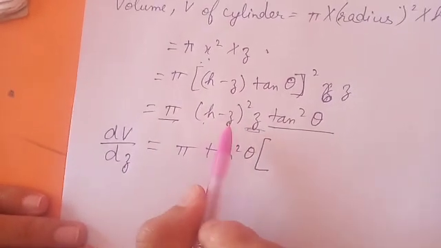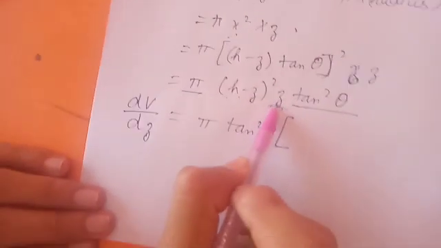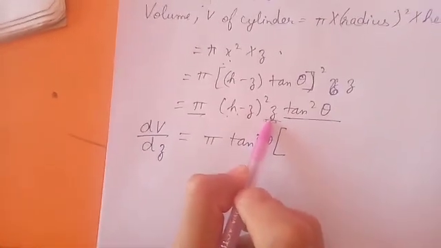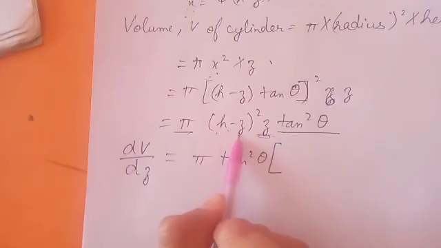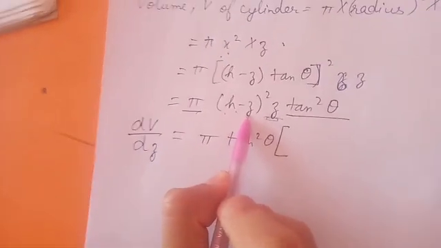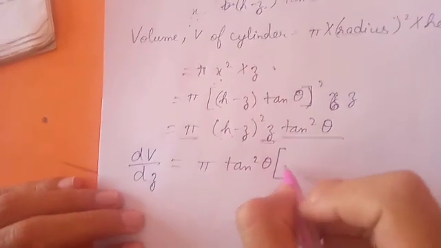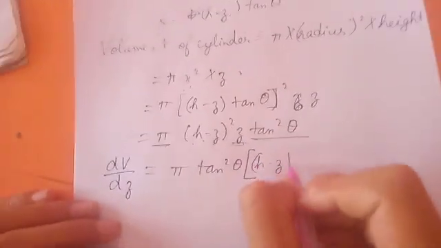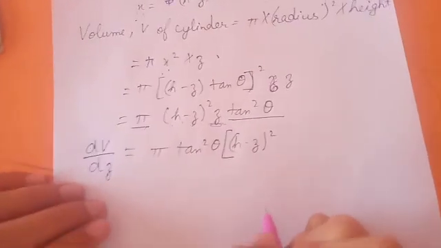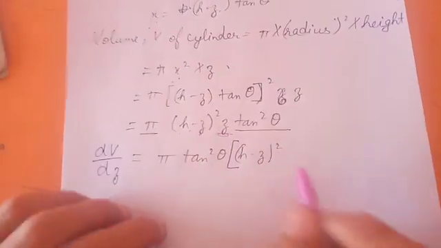Now what is left? This and this. First of all, we will take (h minus z) squared as common. Product rule: first as it is, differentiation of second.